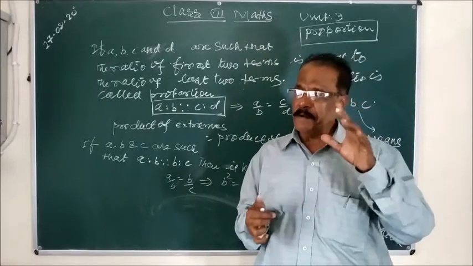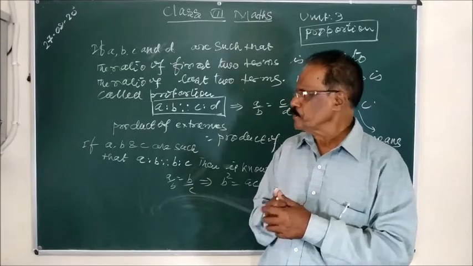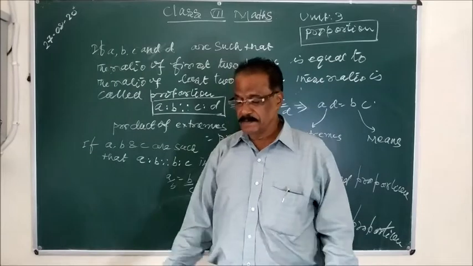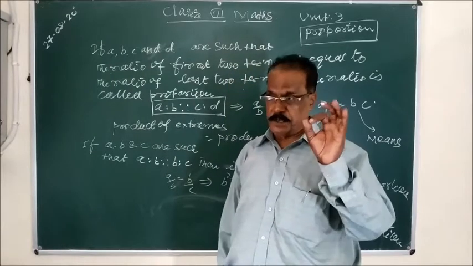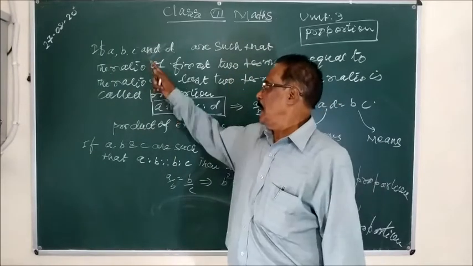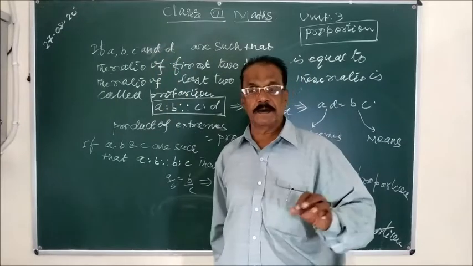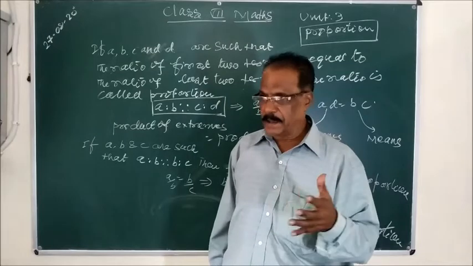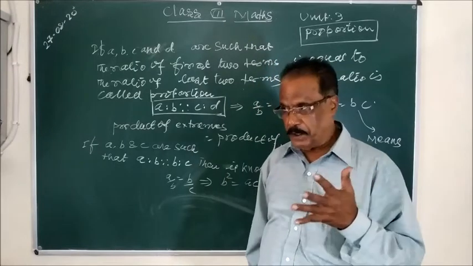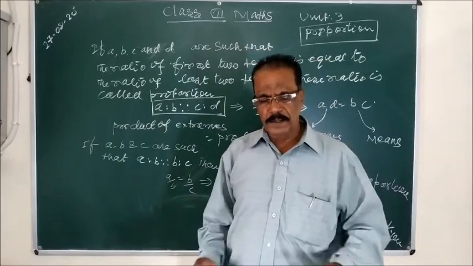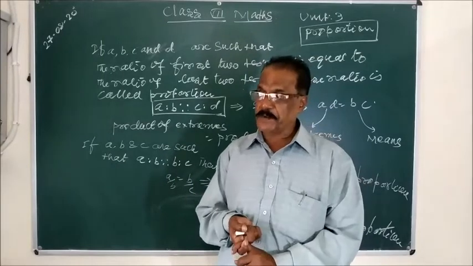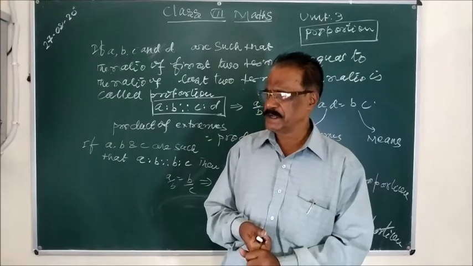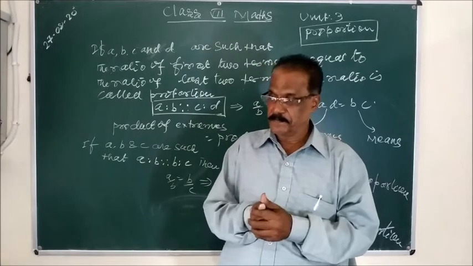Here the important point: the first two terms should be of the same kind and the last two terms should be of the same kind. As I have told you, a ratio is a comparison of two numbers, two terms of the same kind.